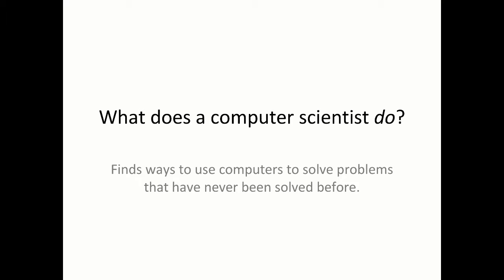A computer scientist might invent a new networking protocol, and then an IT specialist is going to make that protocol work in practice for a particular company, perhaps on their internal network. And so in this way, computer science and IT are very related.